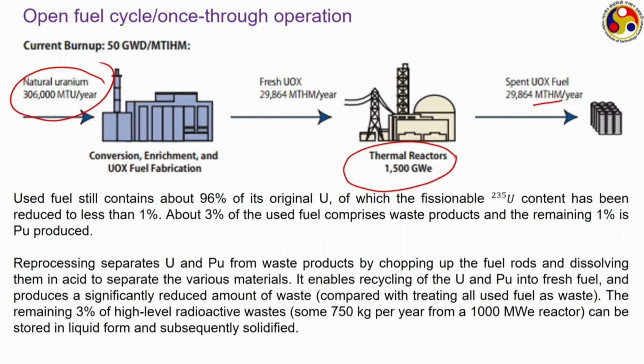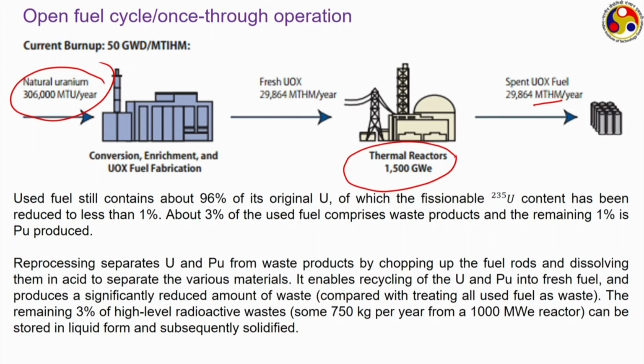Whatever total amount of waste we get, if there is no recycling, will also contain all this unburned uranium or plutonium, or I should not say unburned, it is that portion of uranium and plutonium which does not participate in the reaction, and if we can somehow separate them out, then it can be mixed with the fresh fuel and can again go back to the reactor. So, a significant amount of this waste can be saved.